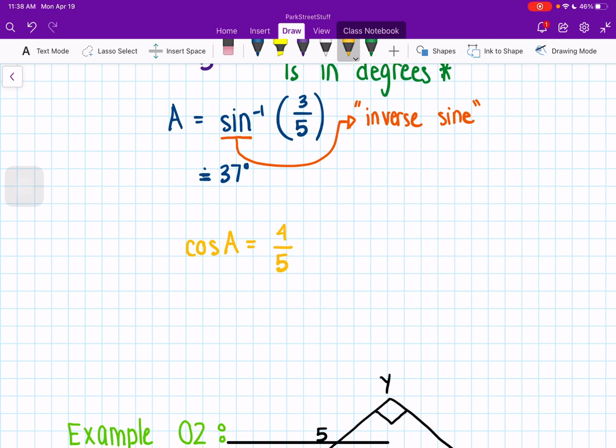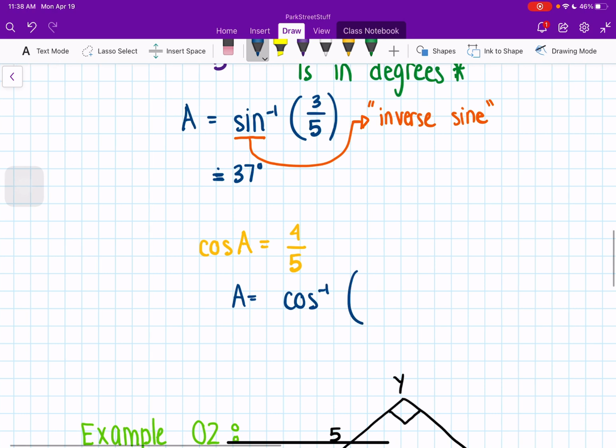So now, again, make sure you're in degrees, and you're going to use your inverse cos function. So that should be second function or shift and then your cos key, because if you look at your calculator, you'll see above the cos, you'll see your inverse cos. So if we do inverse cos of 4 over 5, we get the same answer.